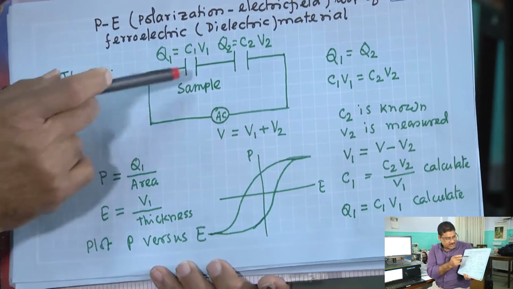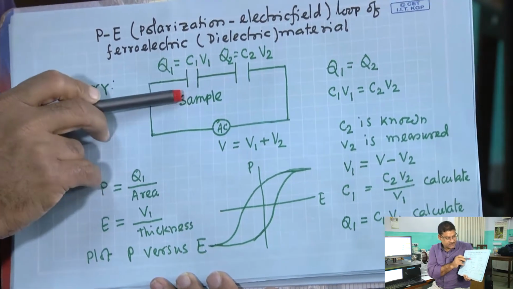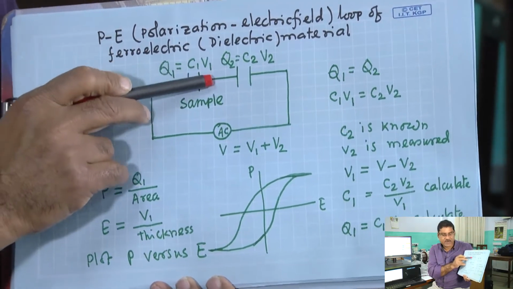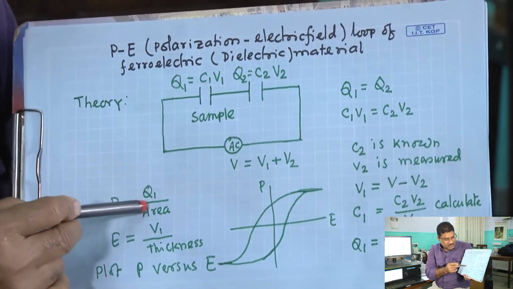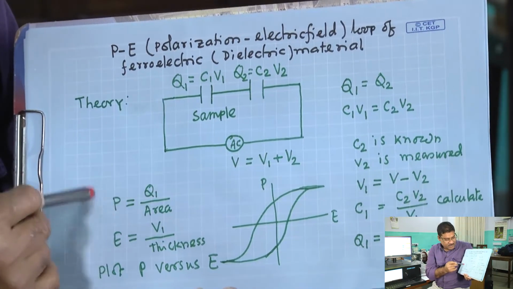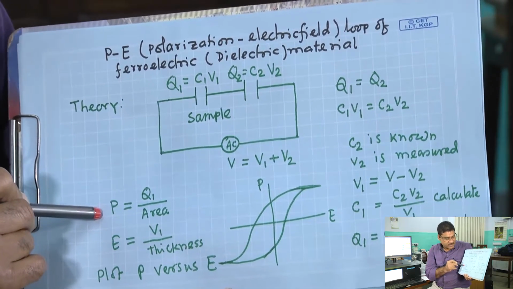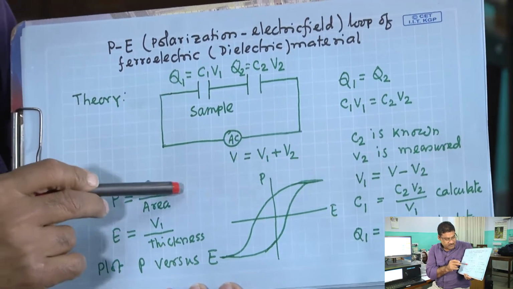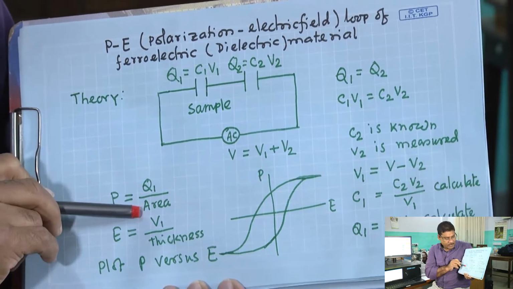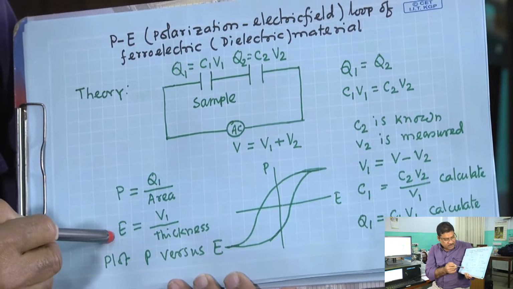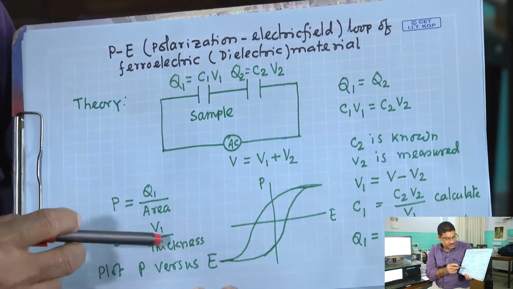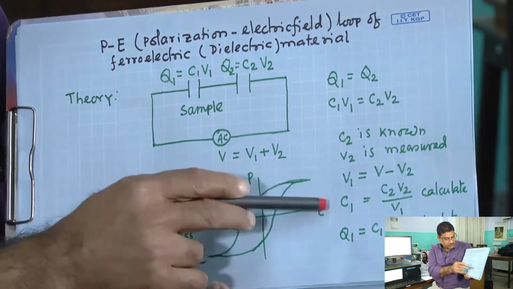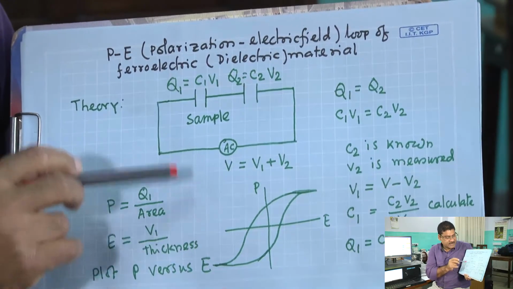So, one can find the polarization P as Q1 by area, and the electric field from V1 divided by the thickness of the sample.